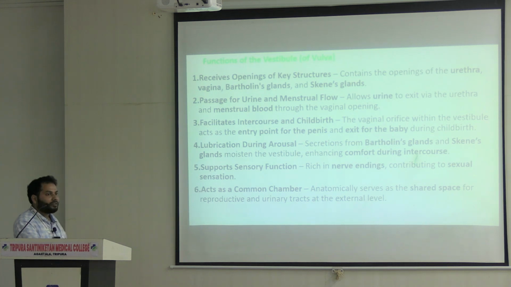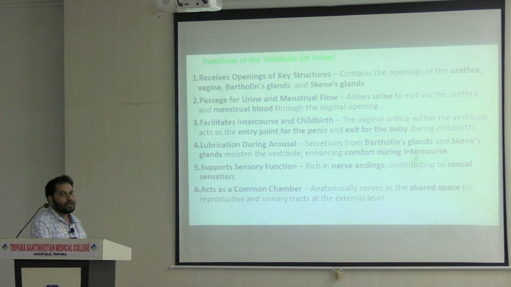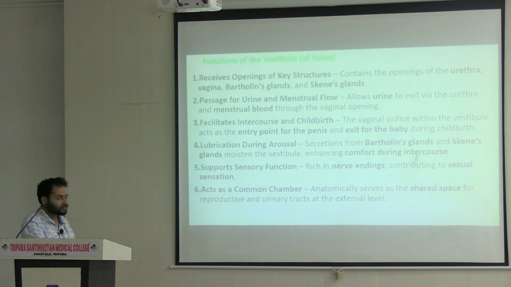What are the other important functions? Lubrication during arousal. How? Because as we have seen, this part contains a special type of gland called the Bartholin gland. That Bartholin gland is important because it releases some fluid that helps in lubrication.